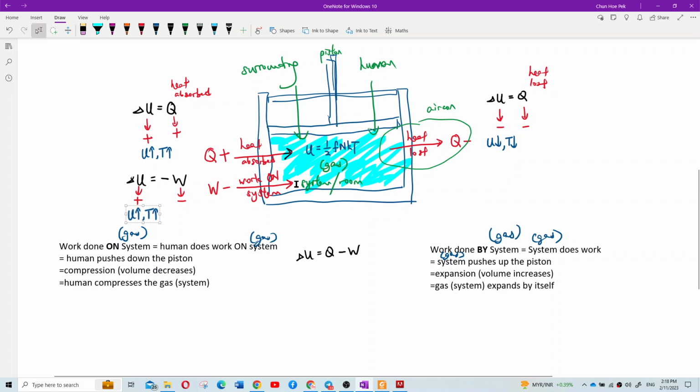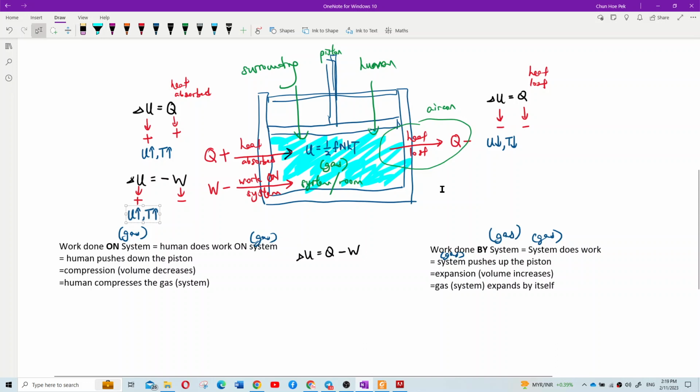When work is done on the system, if you compress the system, energy goes into the gas, just like heat absorbed. So the internal energy of the gas will increase, and the temperature will increase. If you compress the gas, you actually make energy enter.